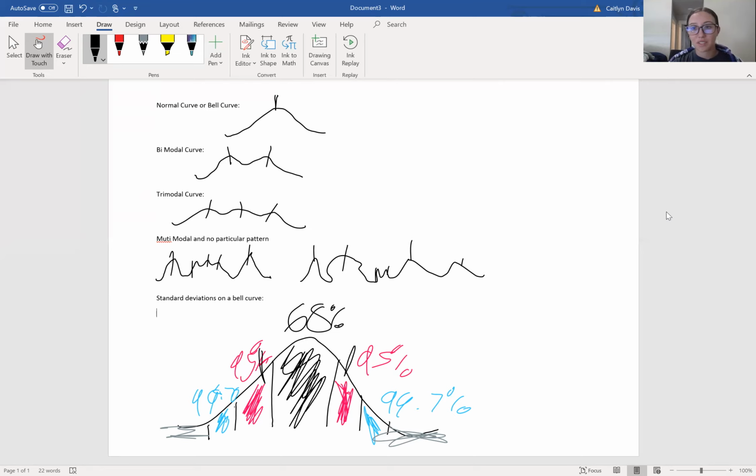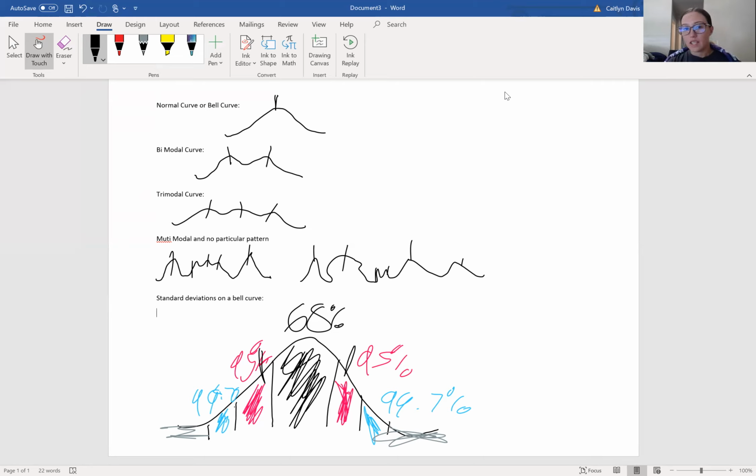Z-scores and t-scores, to me, I think they're fantastic, but they're always a little hazy. So that's something that I'm definitely going to work through more. But I think this gives the general idea and the general visual of what our curves are that we're working with generally in statistics.